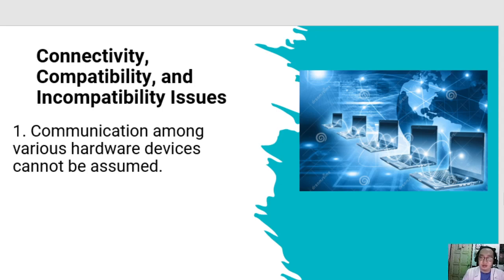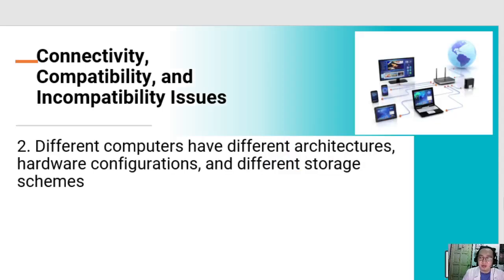Next, different computers have different architectures, hardware configurations, and different storage schemes. This is relatable with my discussion in the previous slide. Software must be specifically designed to communicate with another program for at least two computers to communicate.